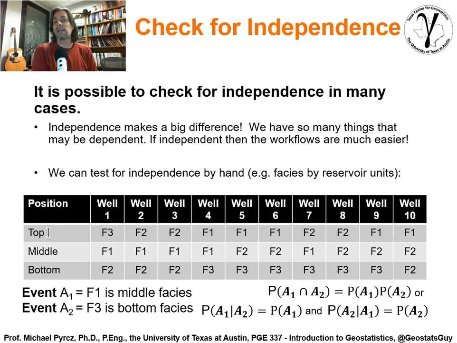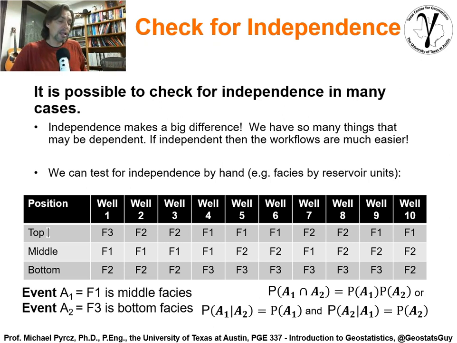Well, we can check and see, with the amount of data we have available, whether it appears to be independent or not. If it appears to be independent, we may make a decision to just model the whole thing together and save some time.